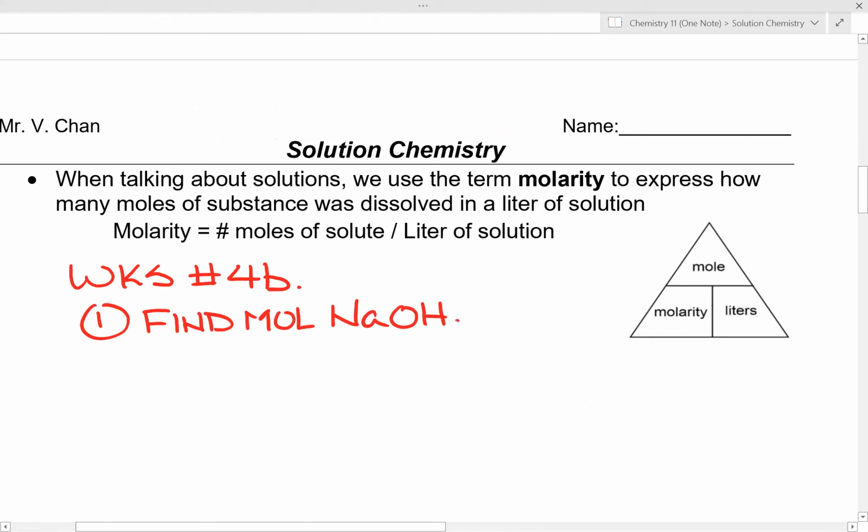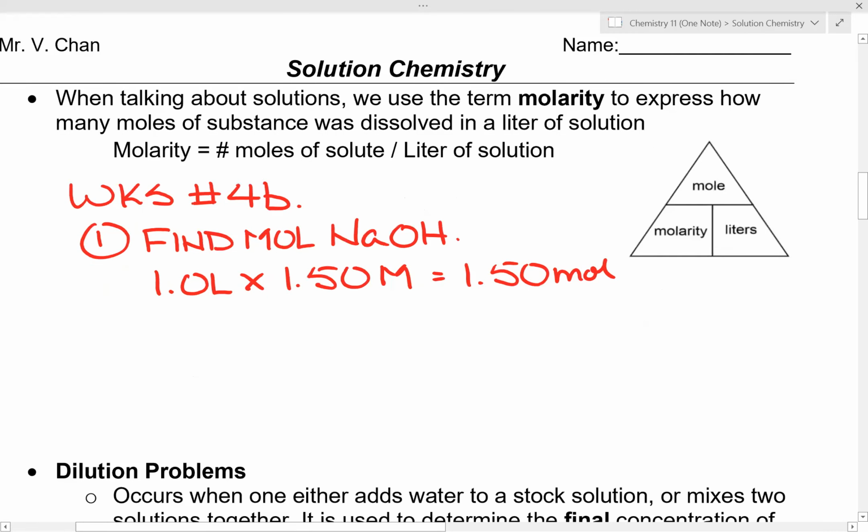So we will take 1.0 liters times 1.5 molarity. And that gives me an answer of 1.50 moles of NaOH.